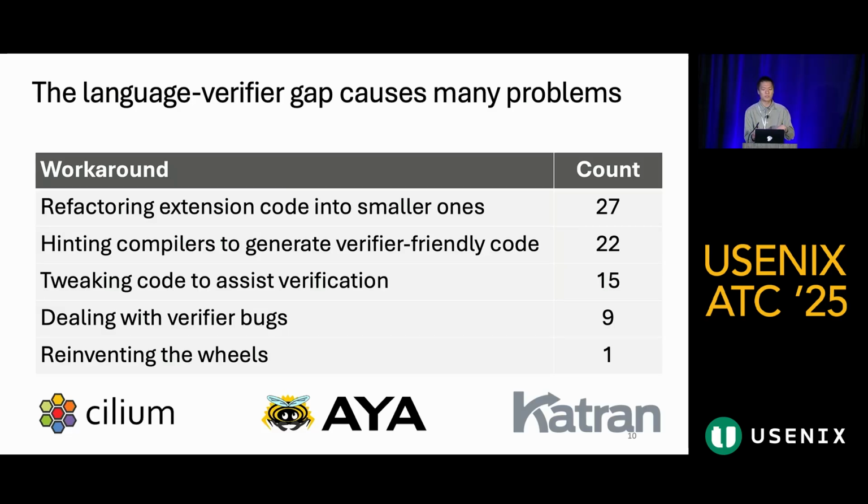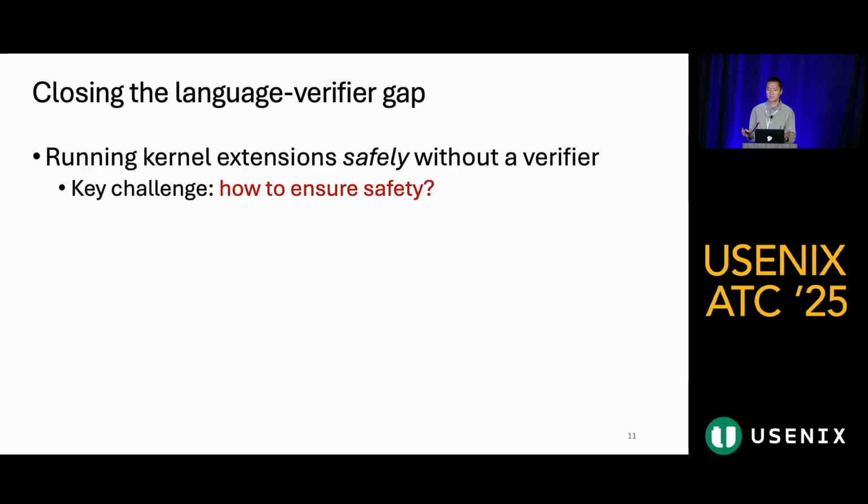For example, they may need to refactor their code into smaller pieces to stay within the verifier's complexity limit. They may need to hint the compilers to generate verifier-friendly code, which is the case we saw. They may need to tweak their own code to assist verification, deal with verifier bugs, and even in some cases reinvent the wheel. So a natural question is how we can close this language-verifier gap.